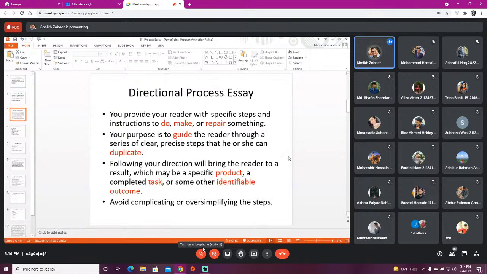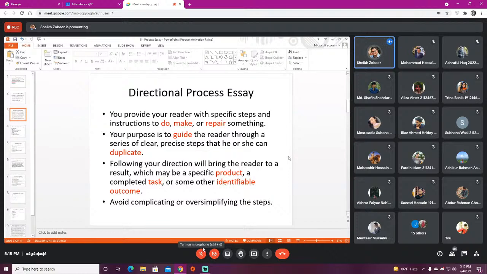But with a directional process essay, the topics are closely related to your own personal experience. You can make a cup of tea and write a process essay on how to make a cup of tea. You can open a bank account yourself and write an essay discussing the step-by-step process of how to open a bank account.